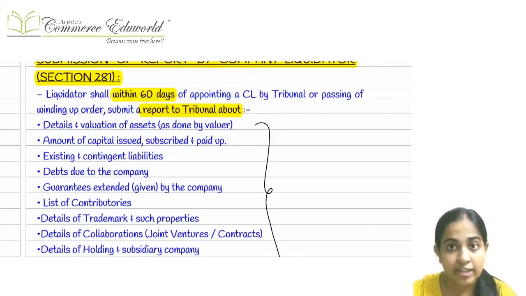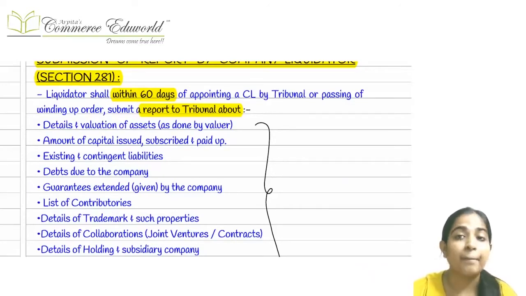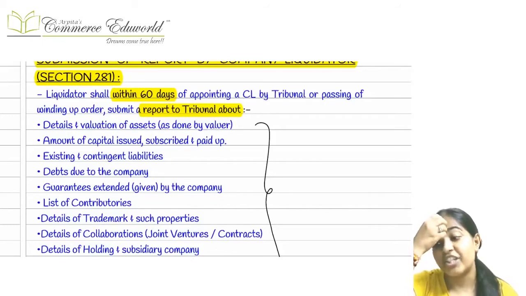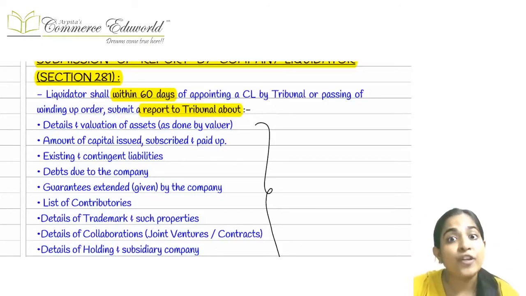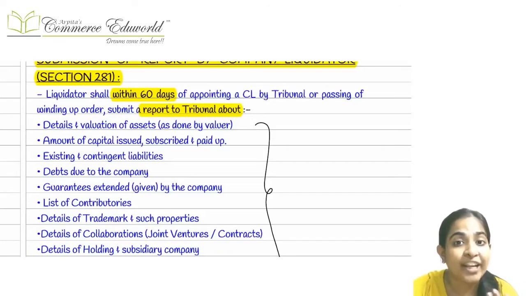He will check the contracts entered into by the company, the liabilities of the company, the contingent liabilities of the company. He will check the guarantees given by the company. He will check the list of contributors, who are the shareholders from whom we can call the money in case of any shortfall.